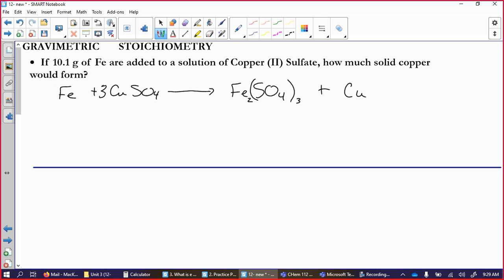If you start with 10 grams of iron, how much copper would you produce?